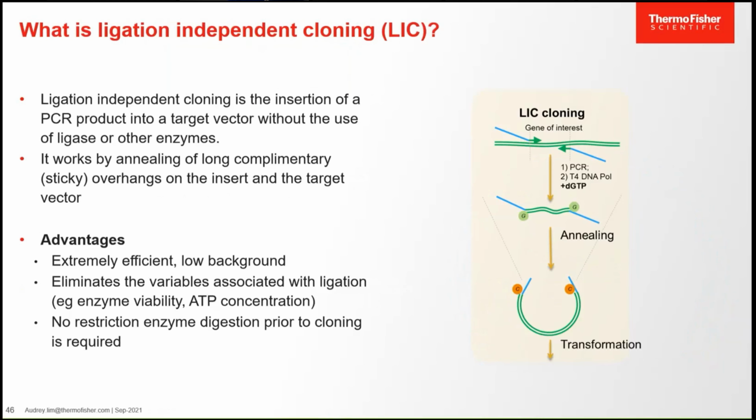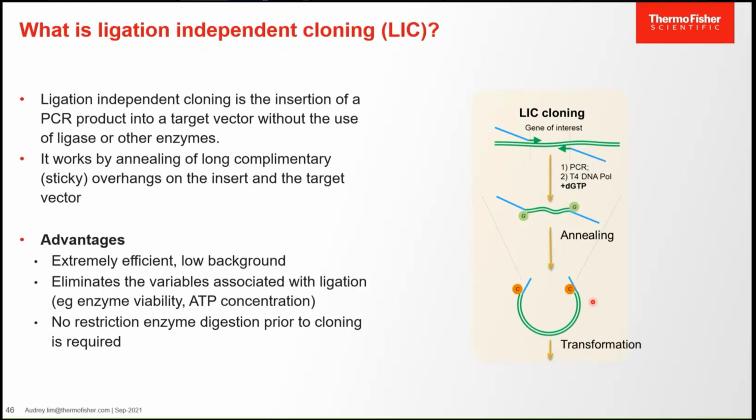First, let's talk about what ligation independent cloning, or LIC, is. As the name suggests, LIC is the insertion of a PCR product into a target vector without any use of ligase or other enzyme. Instead, it works by having long complementary sticky overhangs on the insert and the target vector.